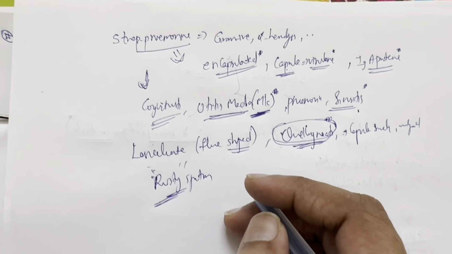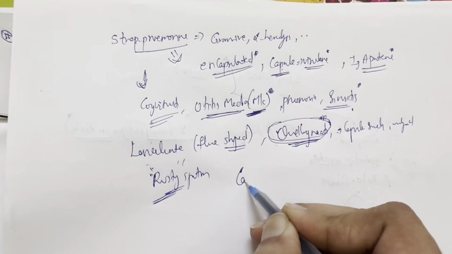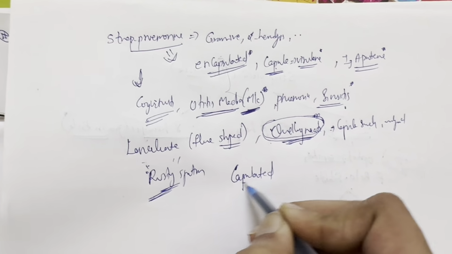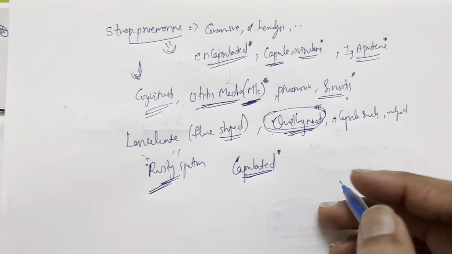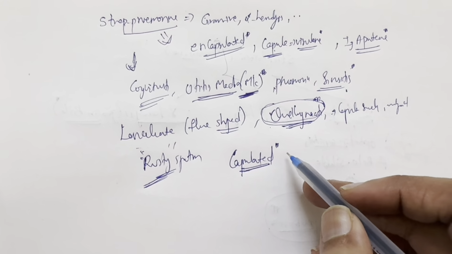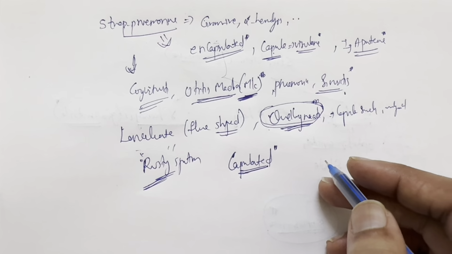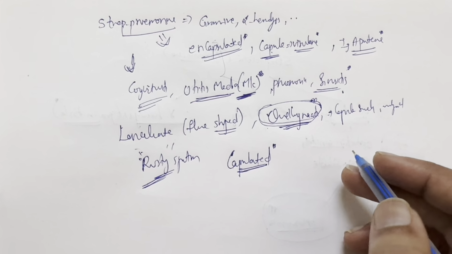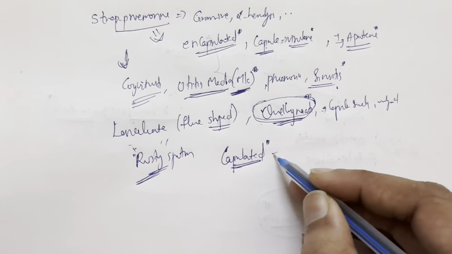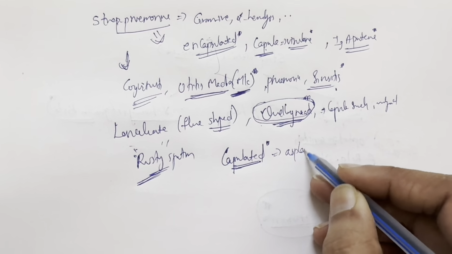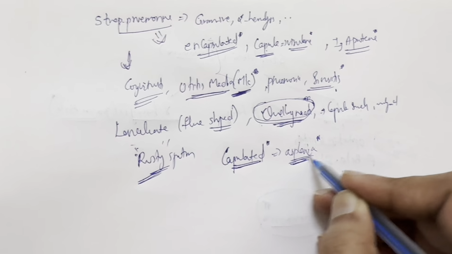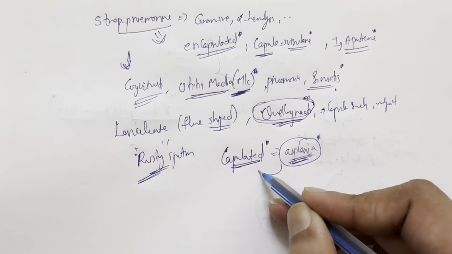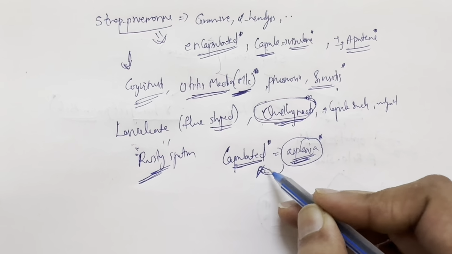And one thing about capsulated organisms, I'll talk about them in the general microbiology videos, so you'll remember there, because there are different organisms which are capsulated, and it's very important to remember, because if a patient has undergone splenectomy and is now asplenic, the majority of these patients get infected with capsulated bacteria.